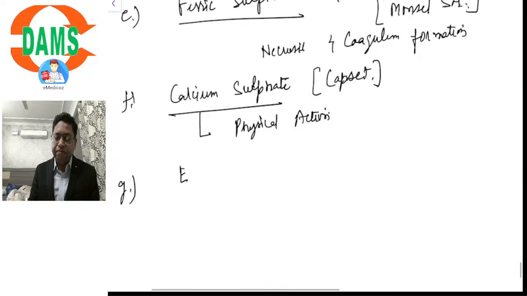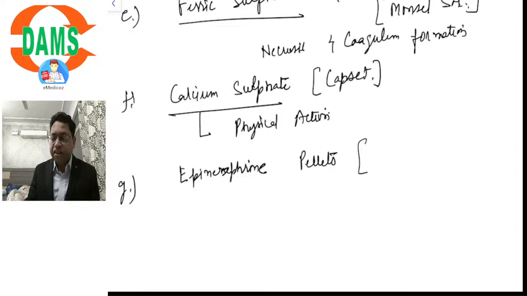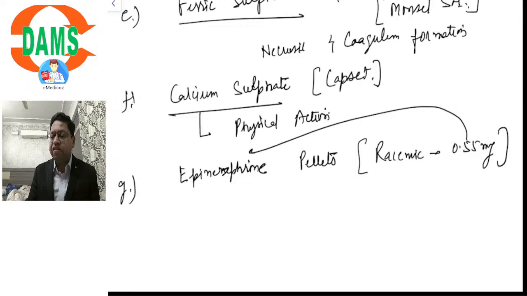And finally, we have epinephrine pellets. These are cotton pellets impregnated with racemic epinephrine, 0.55 milligram in the pellet.